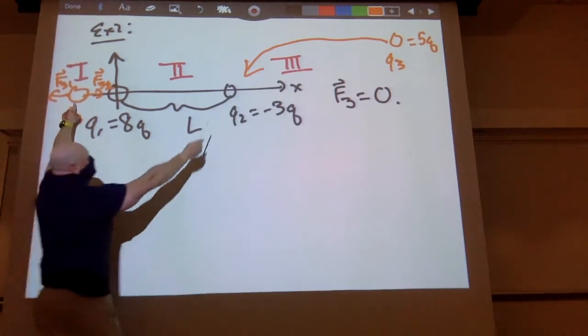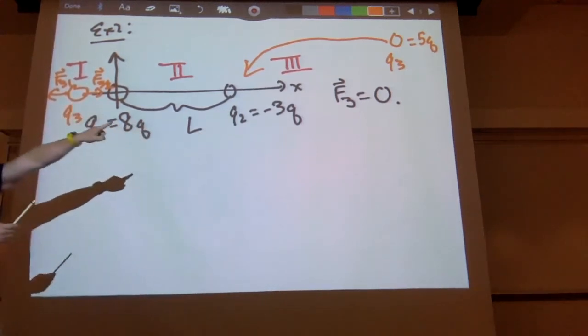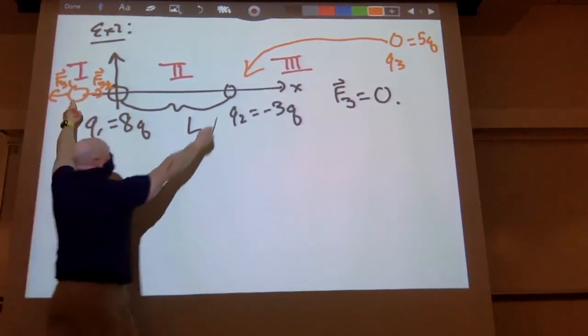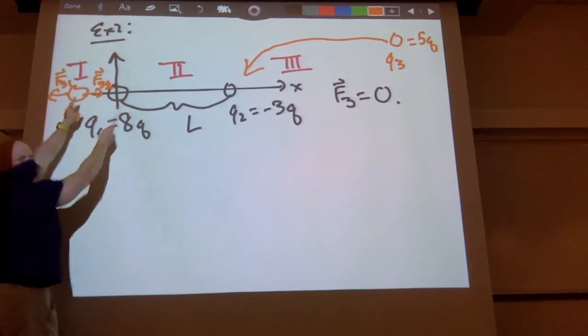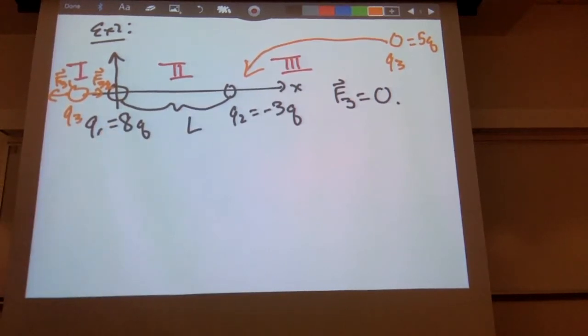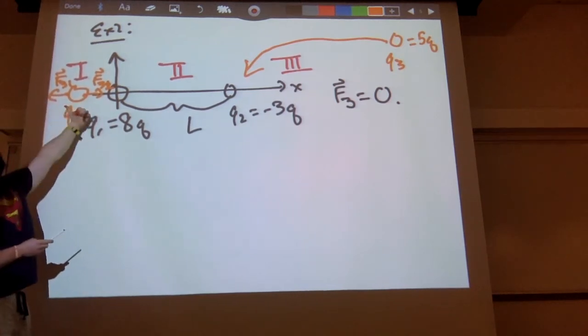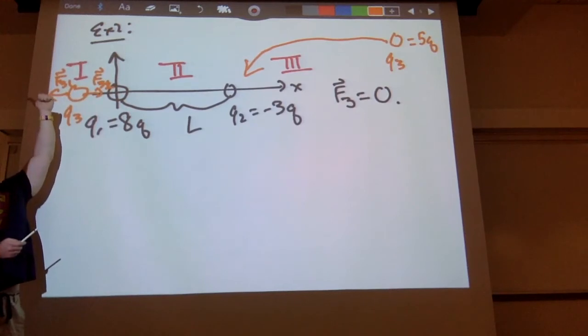Simultaneously, I have the force between this one and this one, but now I have 5 times 3, which is a smaller numerator. And the distance from here to here is much greater than the distance from here to here, which means it's a much larger denominator. So I'm taking a small numerator and dividing by a large denominator. What does that do to the size of the force? Makes it small. So ultimately this force is going to be much greater than this force, resulting in a total force pushing in this direction, causing it to accelerate.